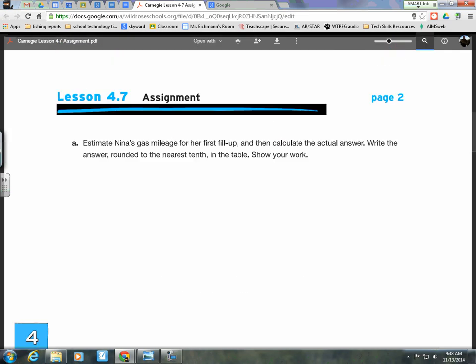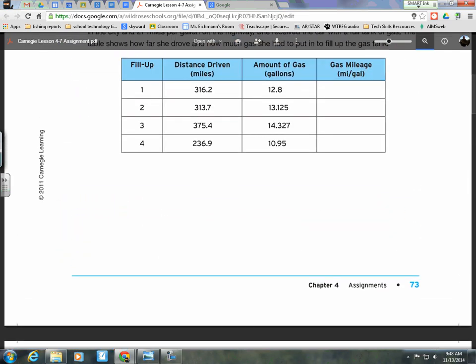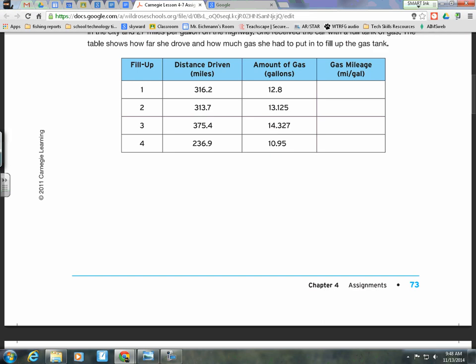Now, some of you don't know how to calculate gas mileage, and that's okay, because I'm going to tell you. How do you think you find out the miles per gallon? What do you have to do? Yes, you take the distance that she drove divided by how much gas she used to drive that distance.